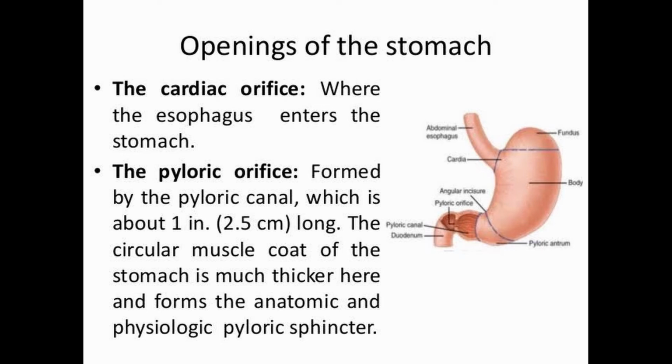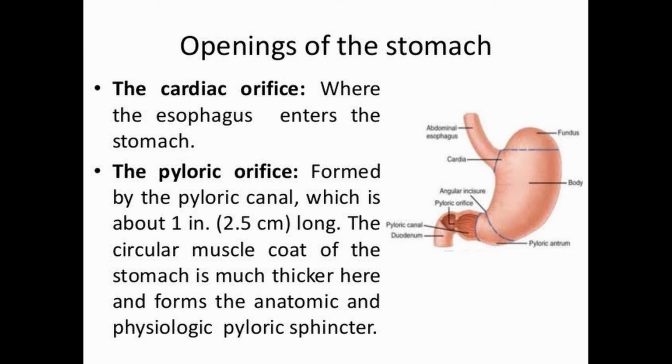Now we discuss the openings of the stomach. In the stomach there are 2 orifices, the cardiac orifice and the pyloric orifice. The cardiac orifice is present where the esophagus enters the stomach, as you can see on the diagram, and the pyloric orifice is formed by the pyloric canal. In the pyloric region there are 2 parts, the pyloric canal and the pyloric antrum.